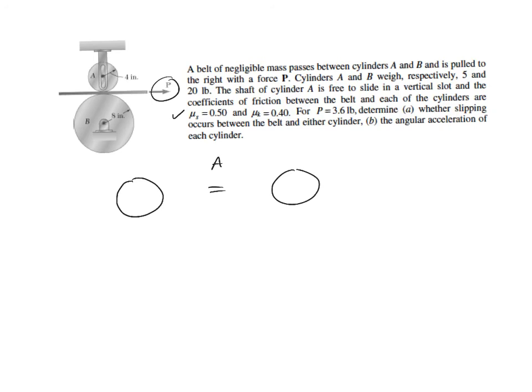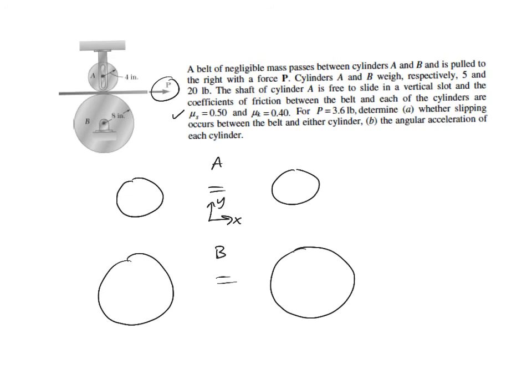This is going to be block A. I'm going to go ahead and draw a bigger block down here, our cylinder B. Go ahead and put our coordinate system on here. And so let's see what we've got from a force point of view. On top I've got the weight, which is going to be 5 pounds.